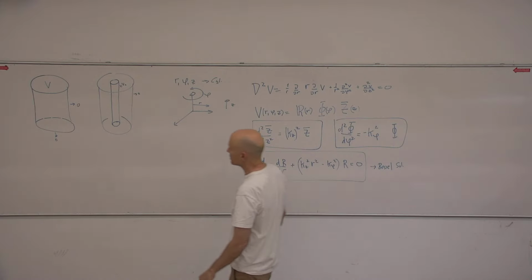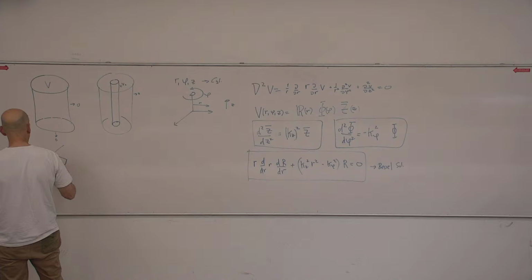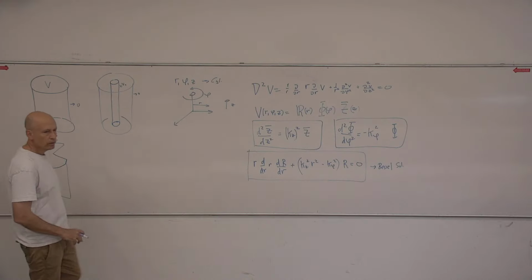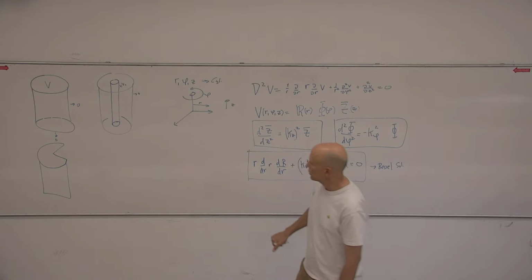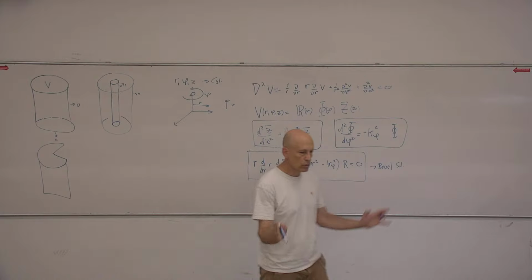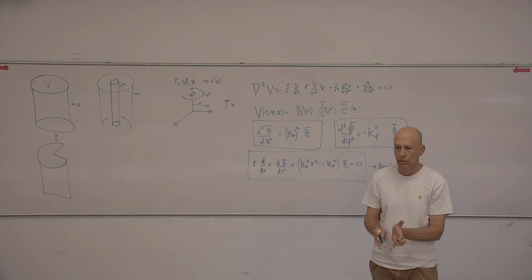So the non-accessible problem is maybe you have a pizza pie on top, you are walking inside, then the phi is not accessible because in this region you're outside. I'm not going to talk about this because we solved such a problem with spherical coordinates.